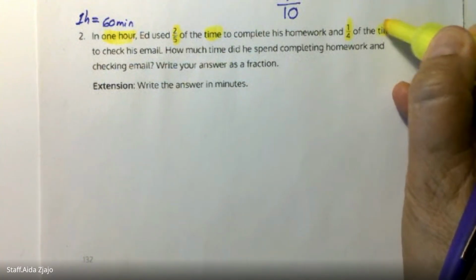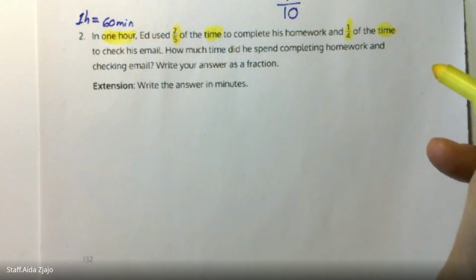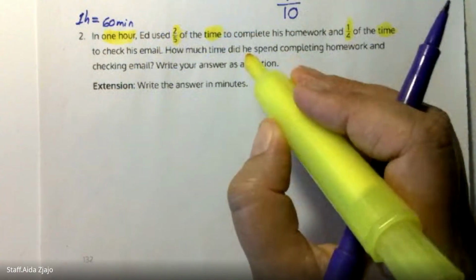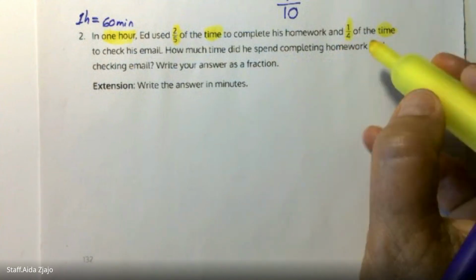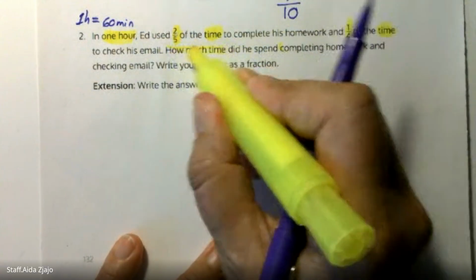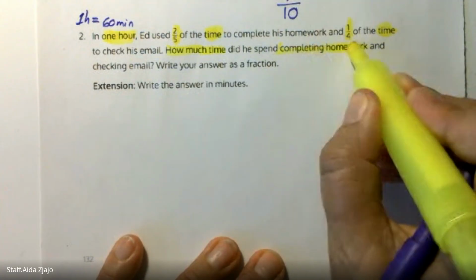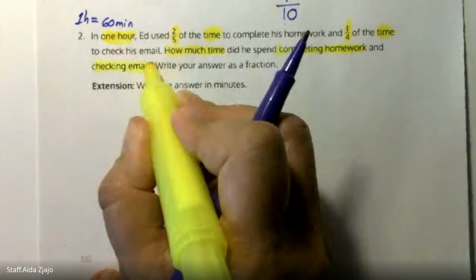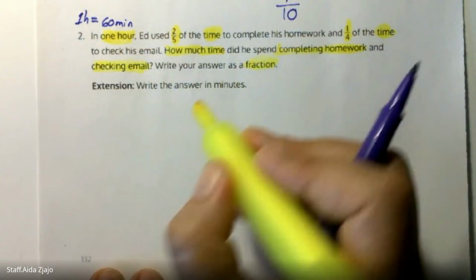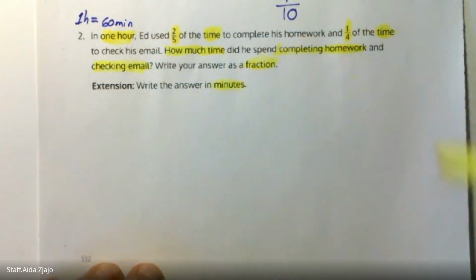So again, 1/4 of the time, and time is 1 whole hour. He checks his email. How much time did he spend completing homework and checking the email? Write your answer as a fraction. And then extension, write the answer in minutes, right?